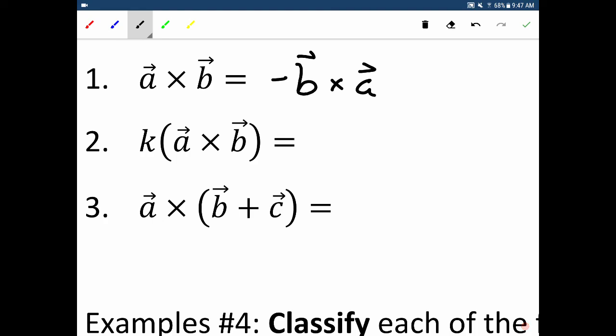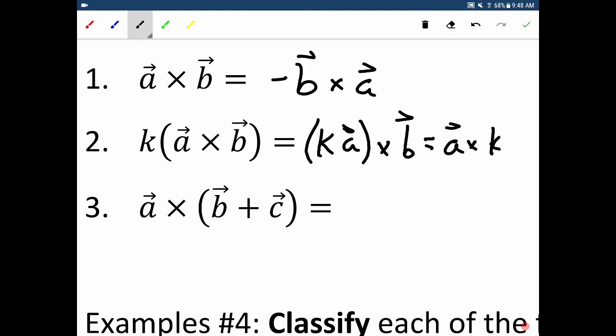Okay, if I have K times A cross B, then, well, this one is sort of what you would expect. So this one is just the same as KA cross B, which is also equal to A cross KB. Okay.